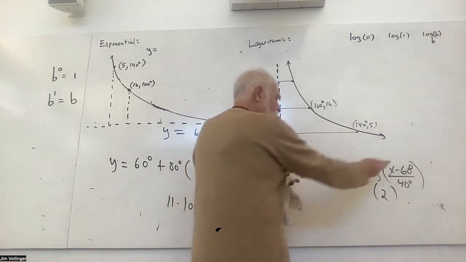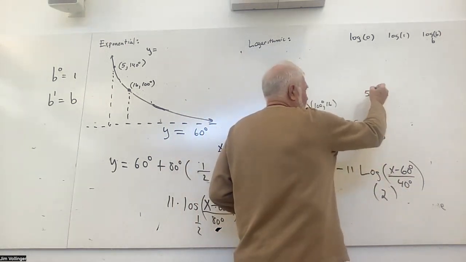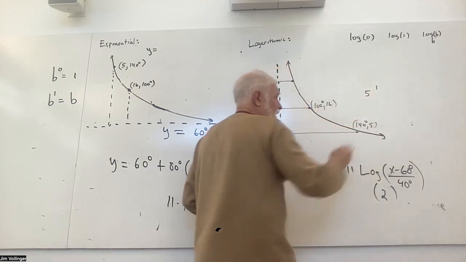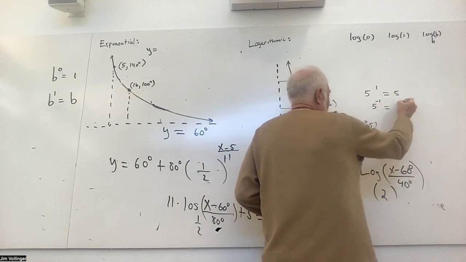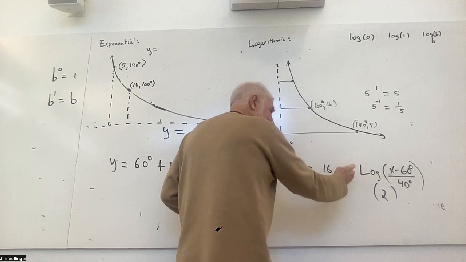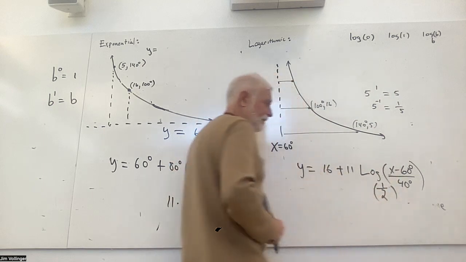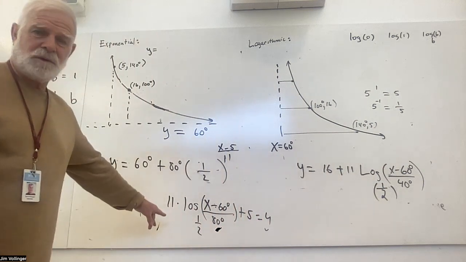Okay, but a logarithm is an exponent. If I take the exponent 5 and I do it to the 1, I get 5. But if I do 5 to the negative 1, I get 1/5. So subtracting is the same thing as adding a flip. All right, and that is the equation that you were looking at.